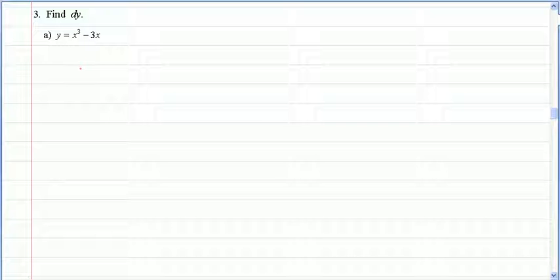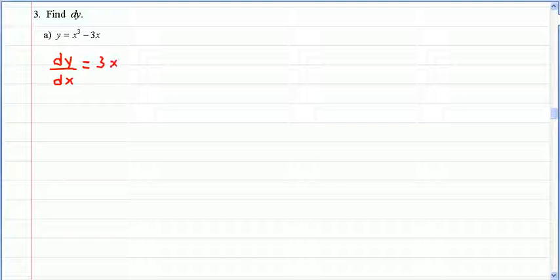For number 3, we're asked to find dy, but this time we are just given a function, y equals x cubed minus 3x. So we just want to find the derivative, but the notation that I will use is dy dx. And dy dx is just another way to write f prime of x.